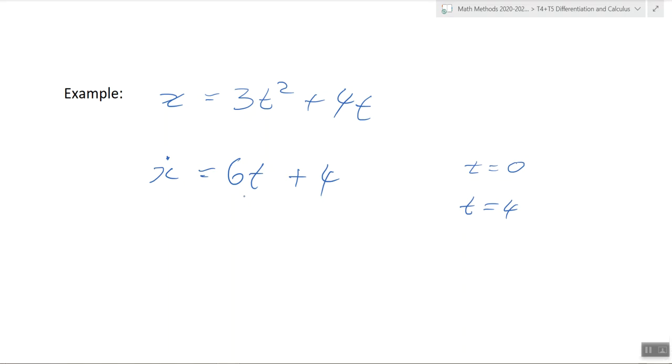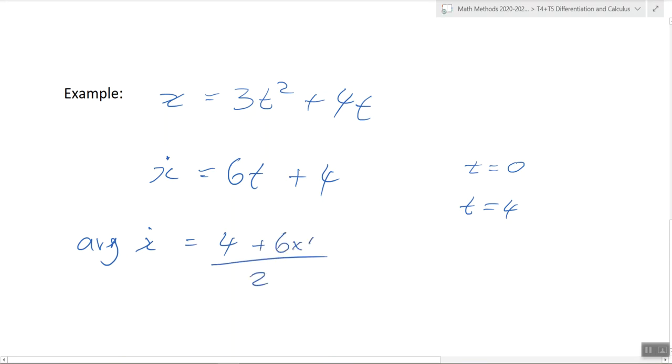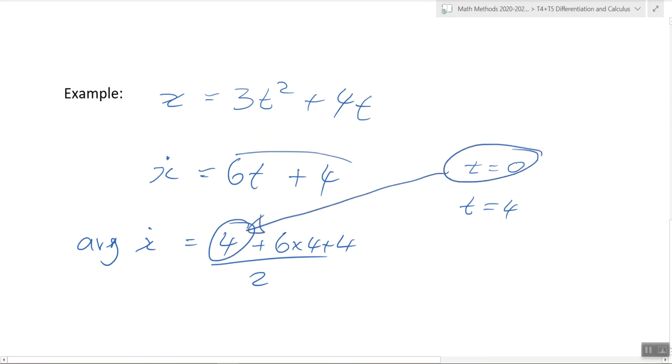Does that make sense? So average would be, 4, and then, so this is at t equals 0, I've subbed that into this equation, and this is for t equals 4, put that into that equation, and then you get your average.